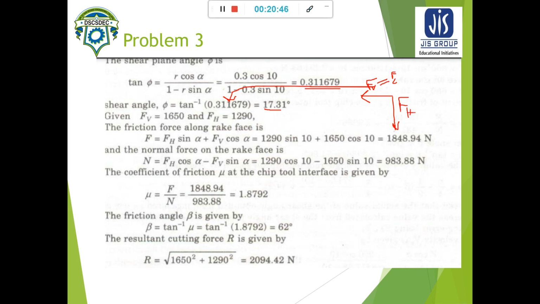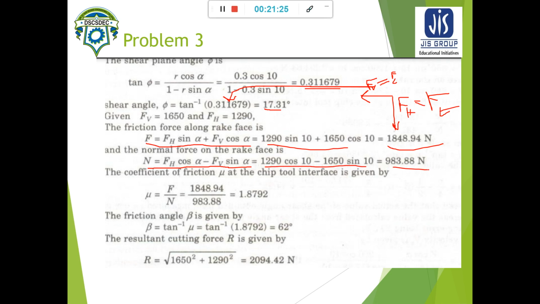So, knowing this, if we put the formulas from the Merchant circle diagram, F is equal to FH sin alpha plus FV cos alpha. If we put in the values, we find the friction force is 1848.94 Newton. The normal force is given by FH cos alpha minus FV sin alpha, which gives us 983.88 Newton.